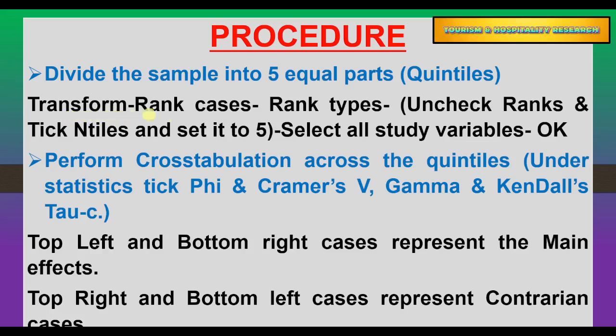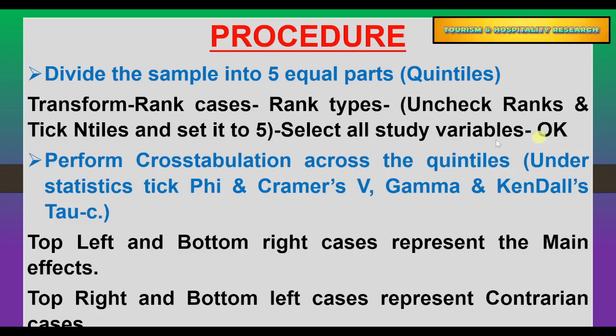You go to transform, rank cases, rank types, uncheck ranks, tick n tiles and set it to 5 because we want 5 equal parts of the sample. Then select all the study variables which you want to analyze. It includes the predictors and the outcome variable, or the antecedents and the outcome variables for FSQCA.